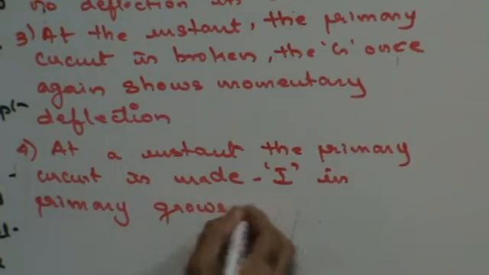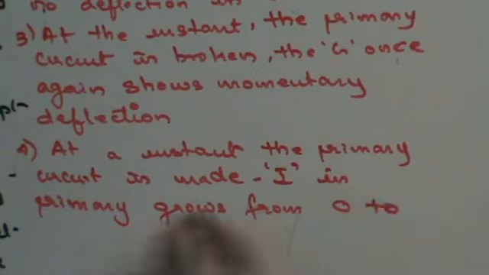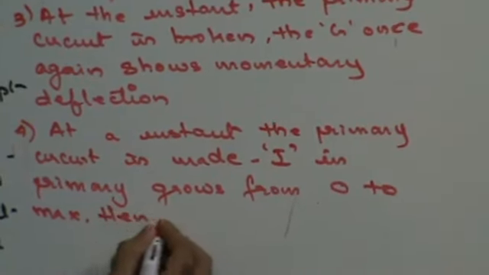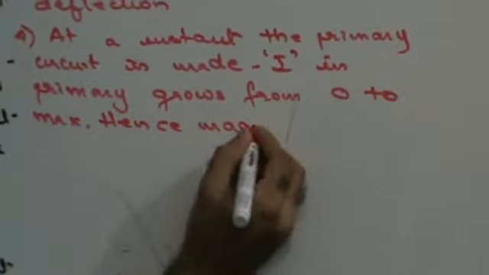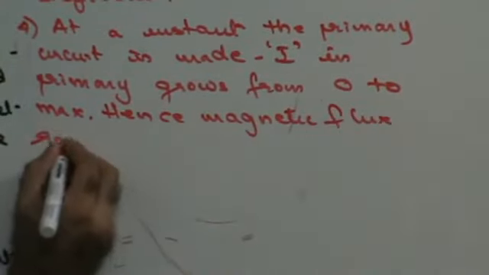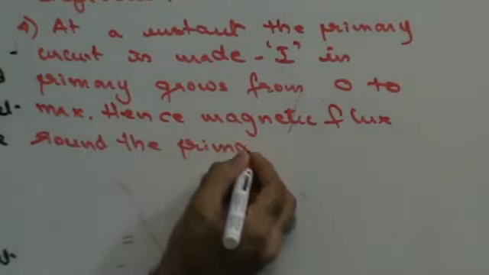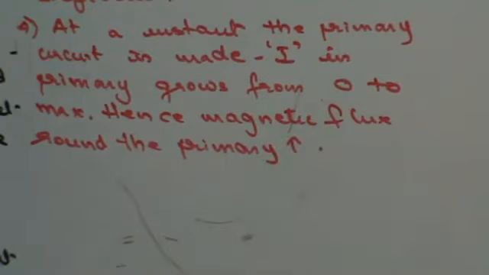Hence, the magnetic flux around the primary increases, right?